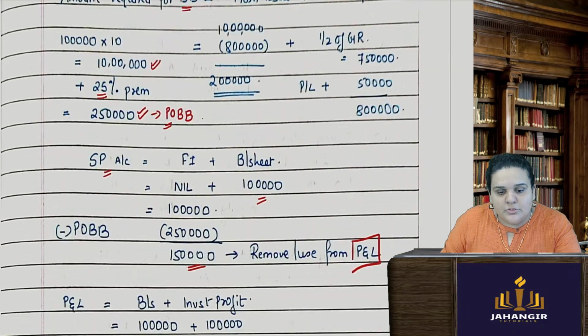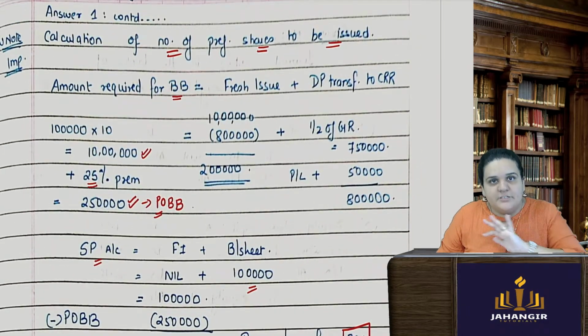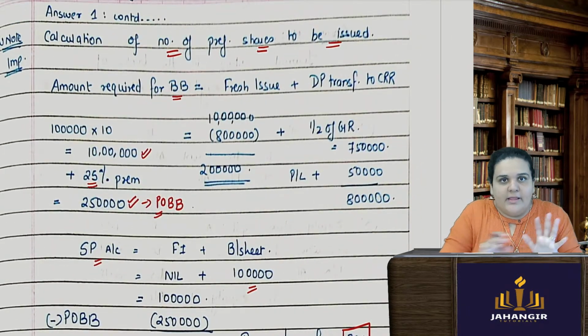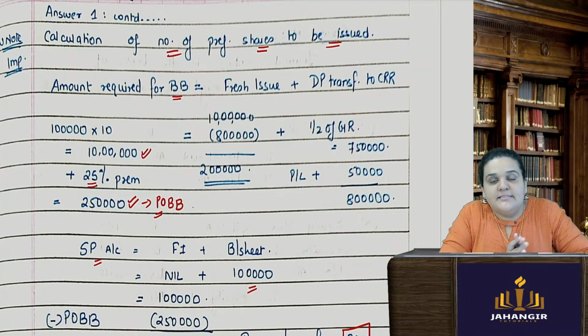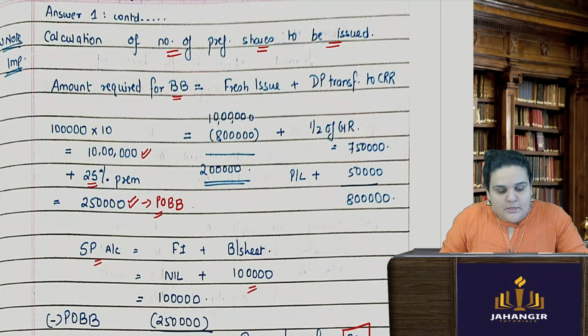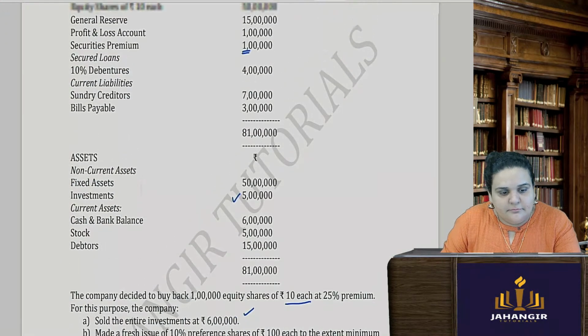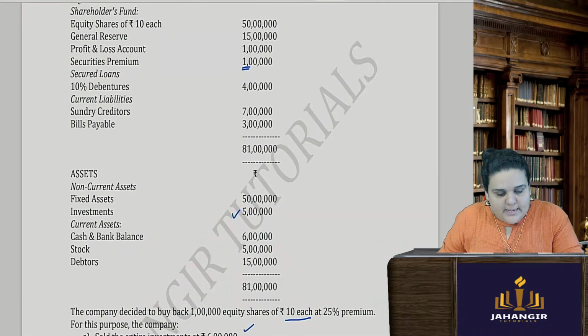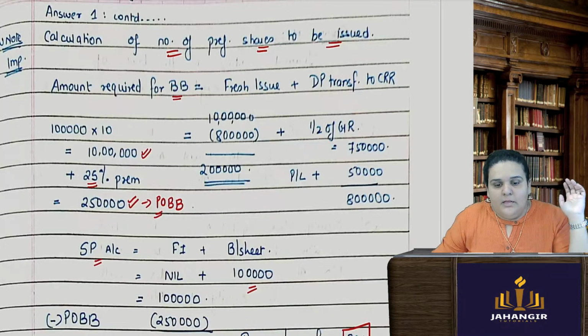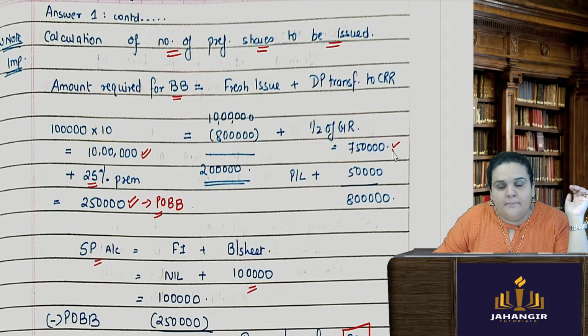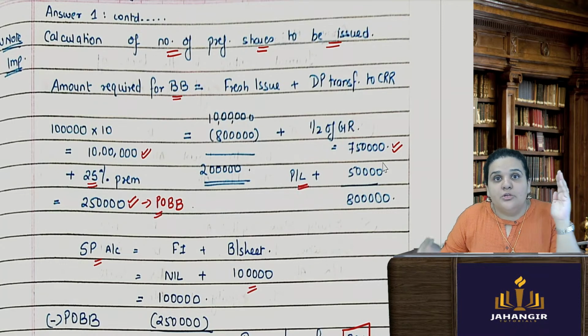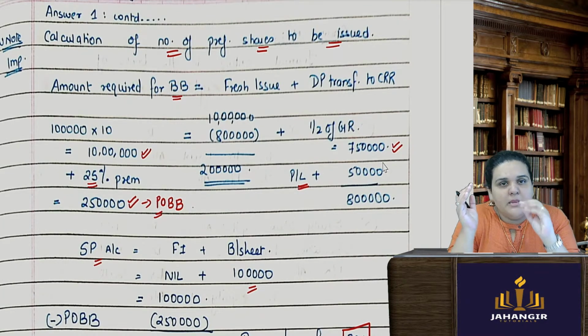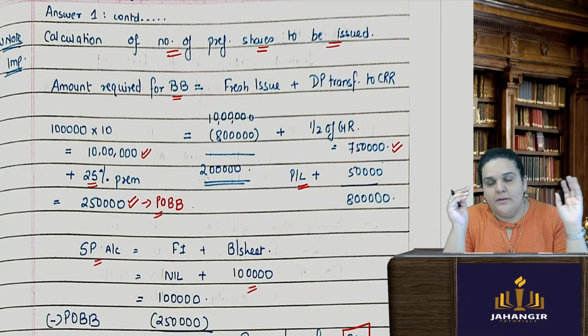So they are saying first you utilize the securities premium account. I have already utilized it. And they are saying utilize half of the general reserve. The general reserve is 15 lakhs; half of it is 7 lakh 50,000. I also have a balance now in P&L of 50,000. Use the reserves and do the minimum possible fresh issue.